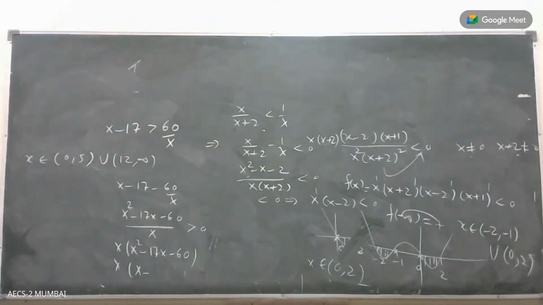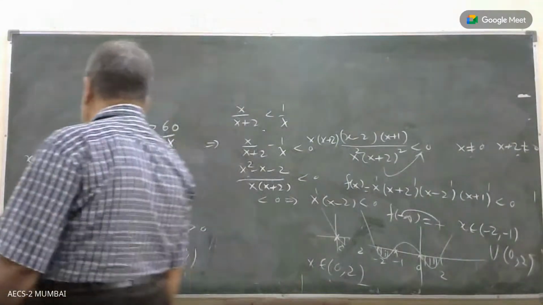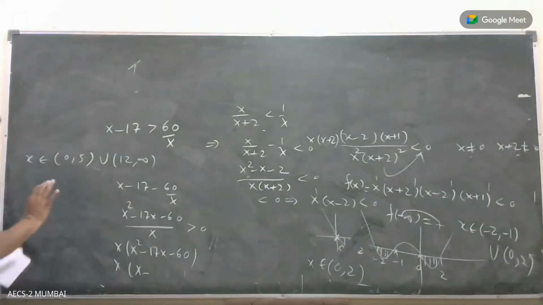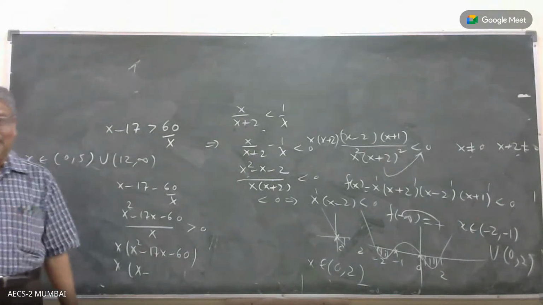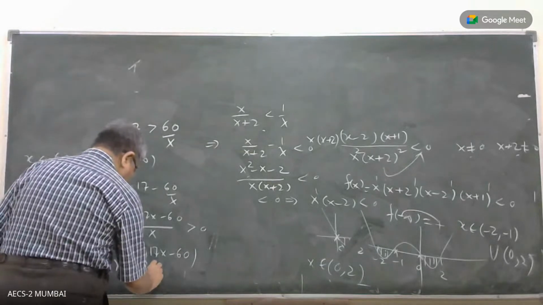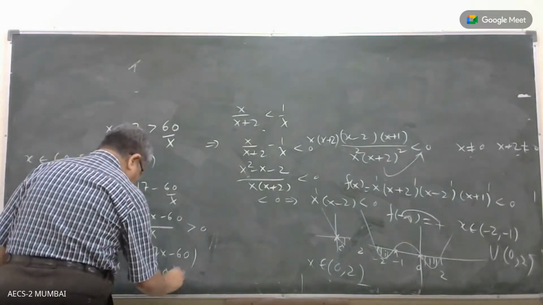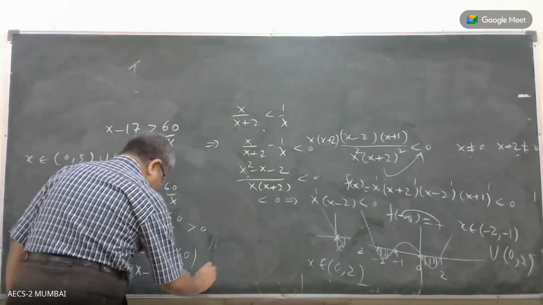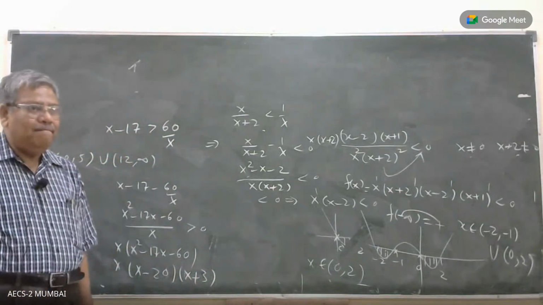And if you do this, what is X? This is called ordinary algebra, this should be correct. So what are the factors? So I got different answers.